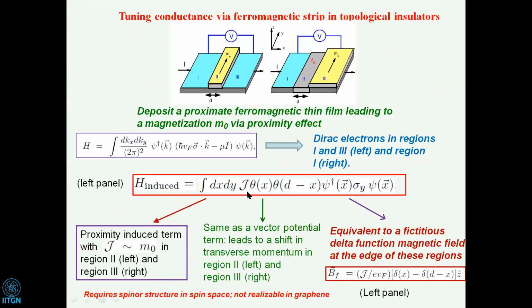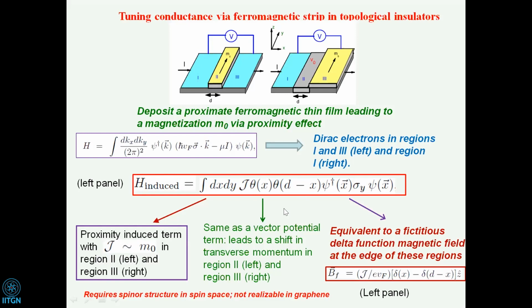This has strength J, and it is there from x equal to 0 to x equal to d, a region of length d. So the proximity term, with J proportional to m0, is present in region 2.